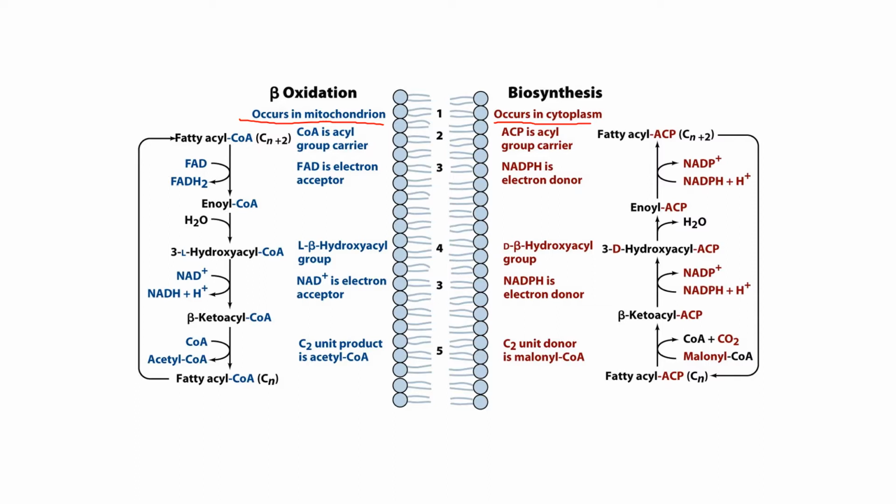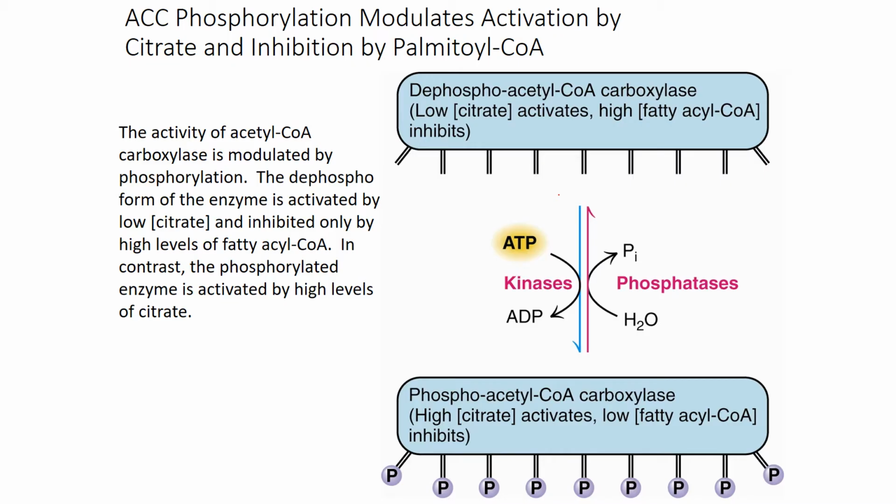At the end of this unit, I will show you another slide that compares and contrasts and highlights the players that make these processes thermodynamically favorable. So that's all I'm really going to say about this. This is for your benefit in taking a look at the differences and similarities with these two processes.